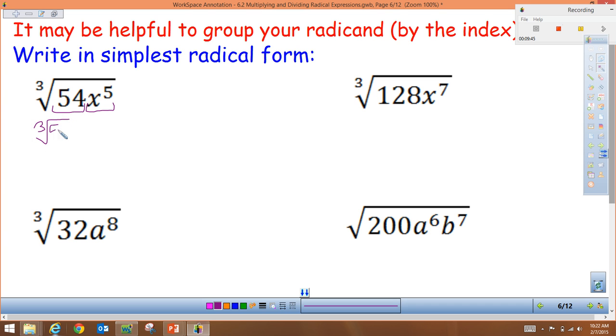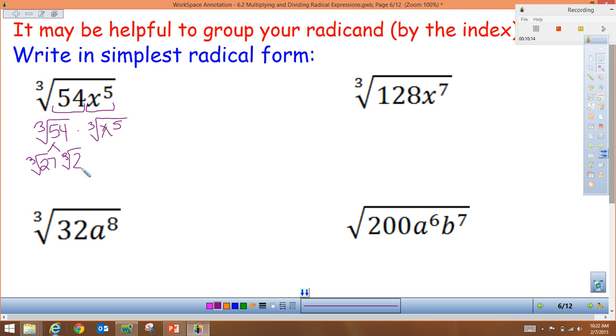So this means we're going to take the cubed root of 54 times the cubed root of x to the 5th. What's 54 divided by perfect cubes? How about 27? The cubed root of 27 and the cubed root of 2.